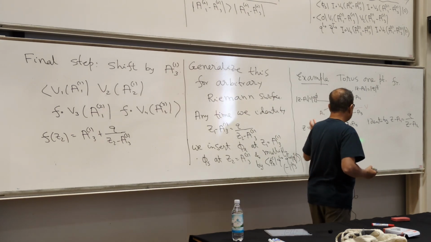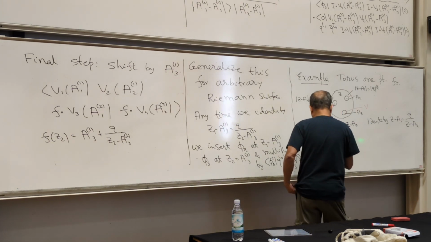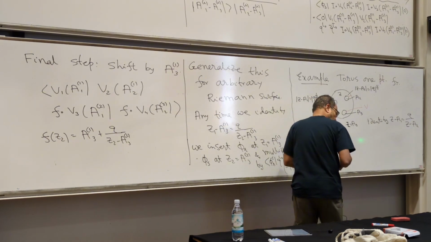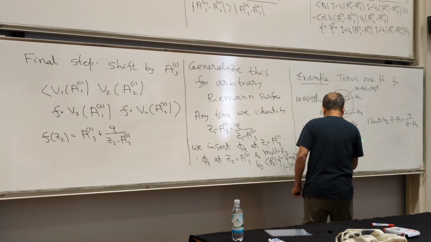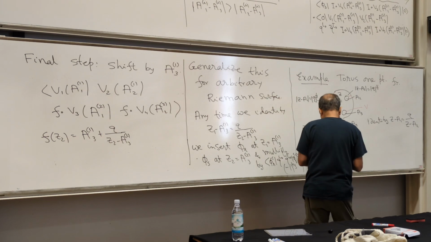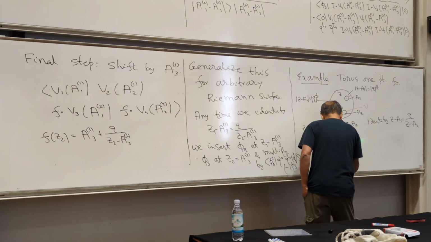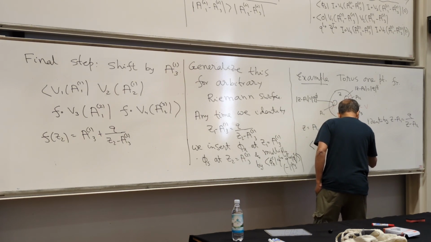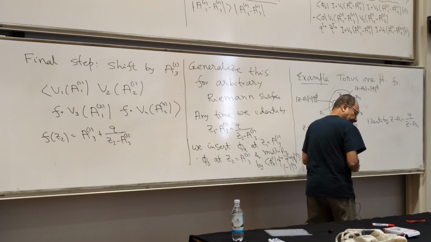And the claim is that this torus one-point function is obtained by starting on the sphere with V at a3, phi r at a1, and phi s at a2.